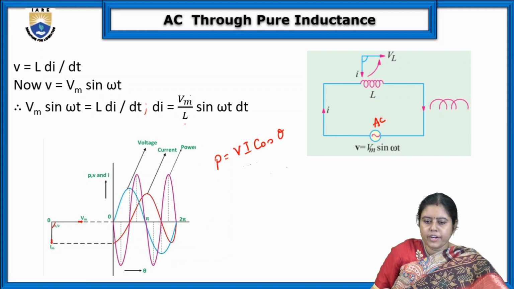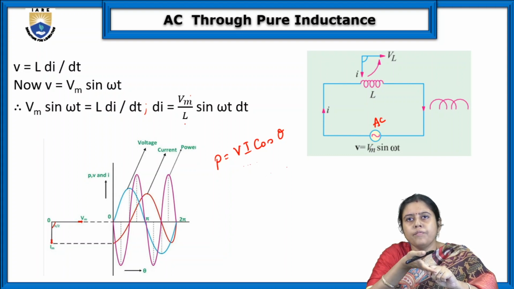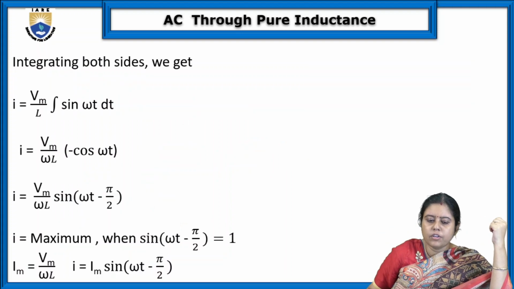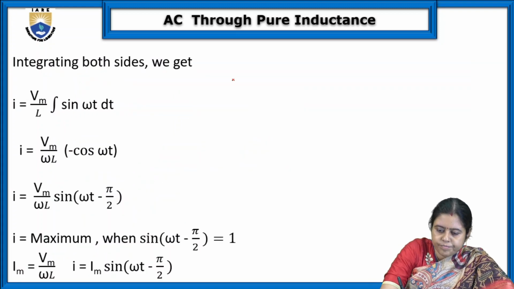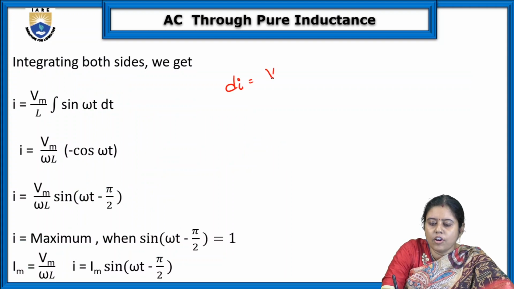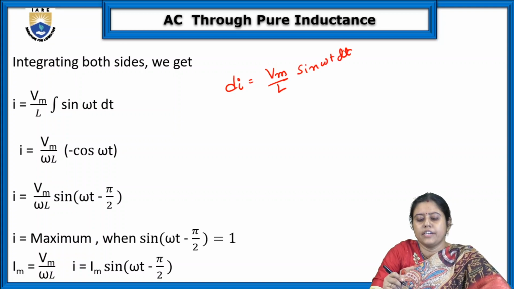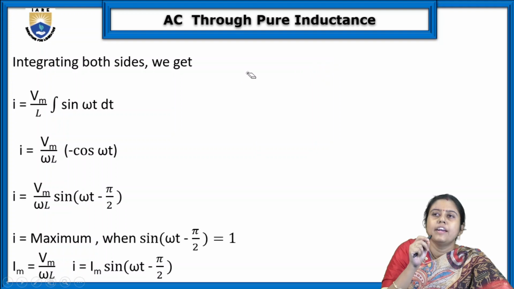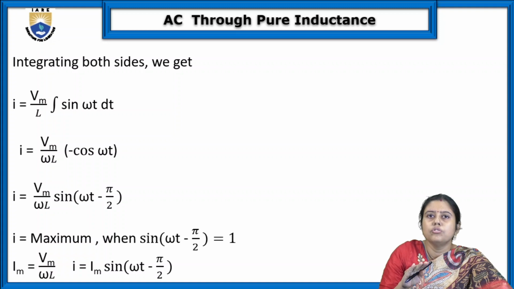Now we will go for the mathematical derivation of the equation. From the previous equation we got di is equal to Vm by L sin omega t dt. How did we get this? We know that in a purely inductive circuit, remember one thing, there is no resistance.